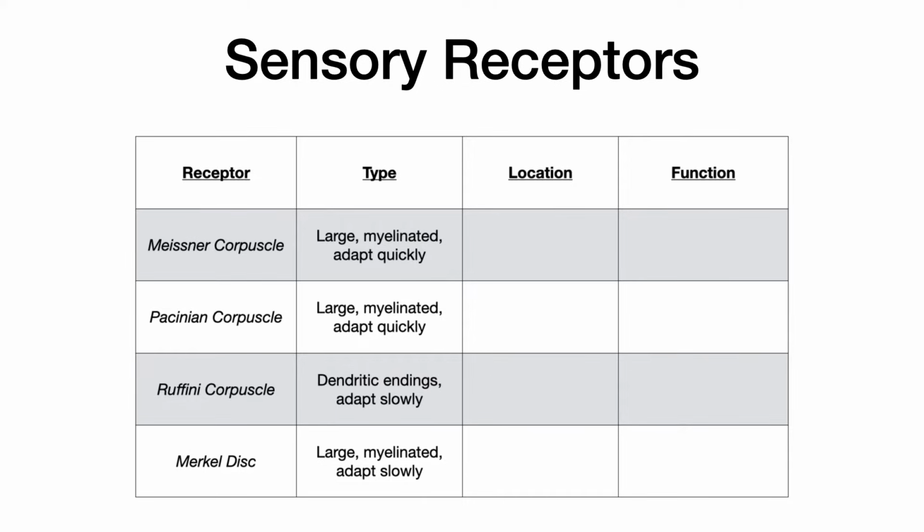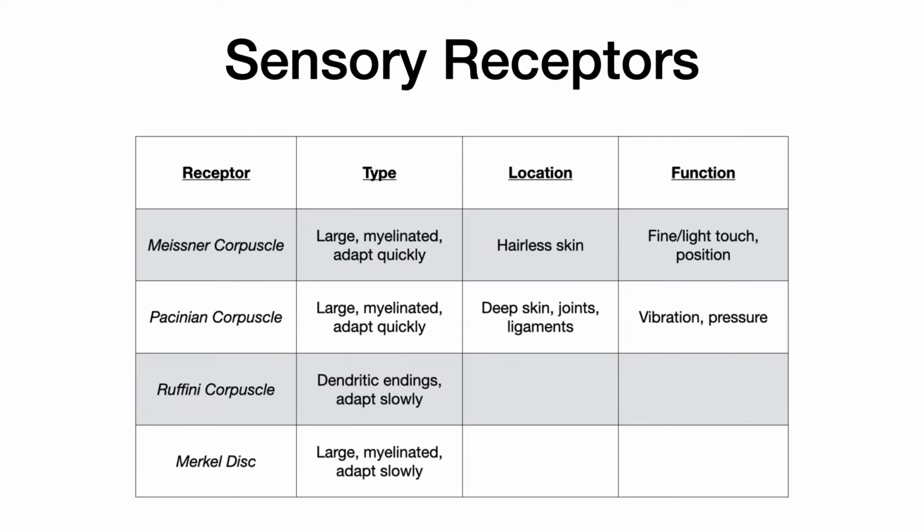Now let's talk about the location of each of these four types of sensory receptors. Meissner corpuscles are found on hairless skin, and Pacinian corpuscles are found on deep skin, joints, and ligaments. As far as function is concerned, the Meissner corpuscle is responsible for fine and light touch, as well as position. The Pacinian corpuscle is responsible for vibration and pressure sensation.